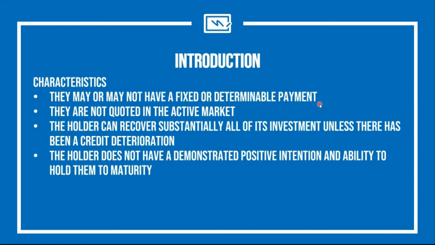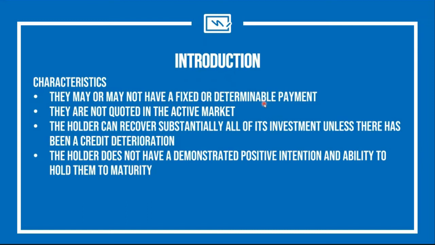However, it says may or may not. Okay? This is in situations wherein there is already an overdue receivable. Right? The concept is, it is still a receivable. It is just overdue. So when it is overdue, the fixed or determinable payments are no longer satisfied, but still you recognize it as a receivable because you are still expecting to recover an amount from that particular instrument or item.